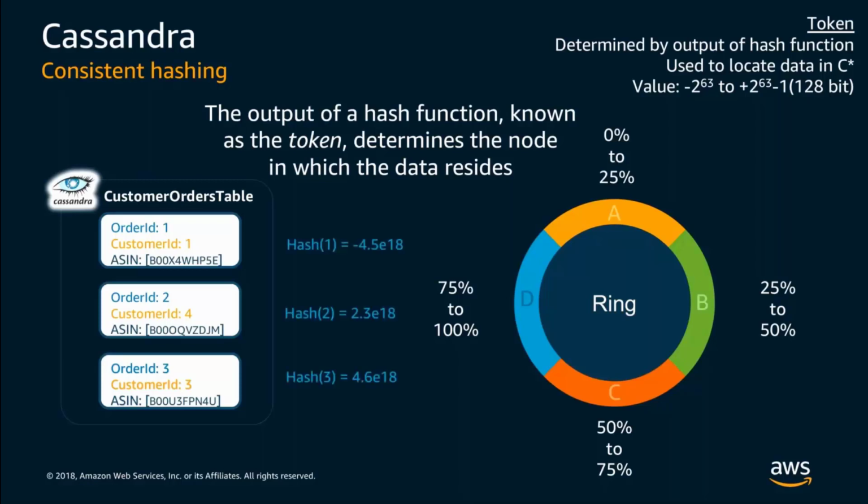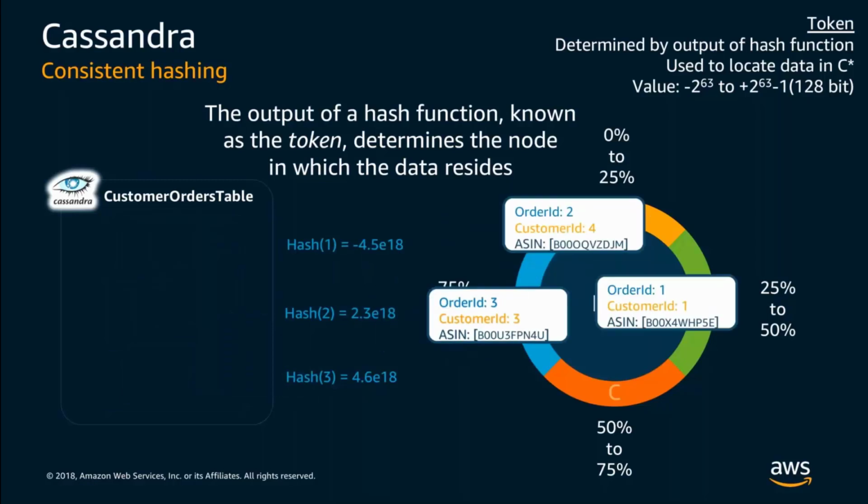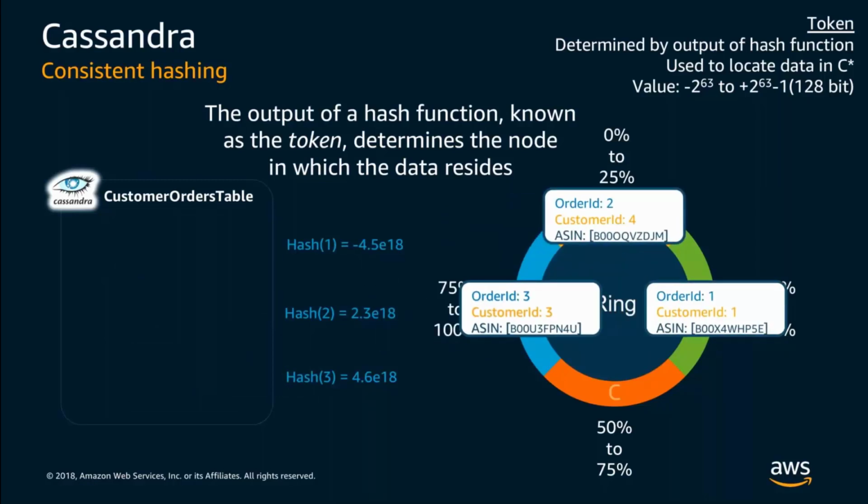So if I take these three items, notice this is a customer orders table, by the way. This is the data we stored in Dynamo, but now we've rearranged it. It's now a Cassandra table. And the output of that will be a number on a continuum. Not a continuum, but it'll be a min and max range. And those rows will all fall onto one section of that token range, and there will be one node that is responsible for it.